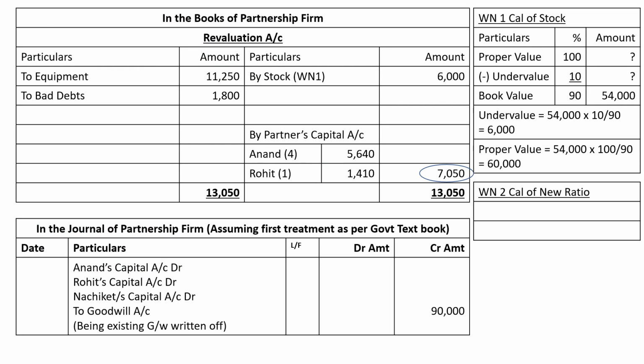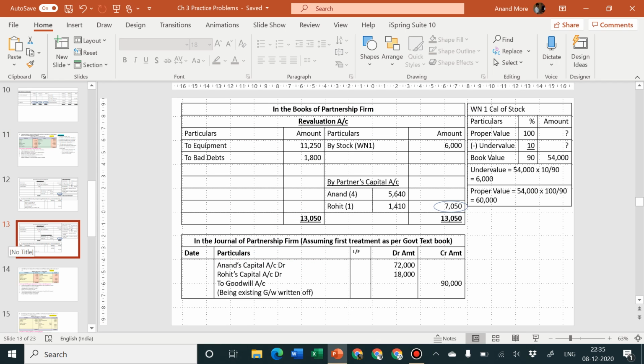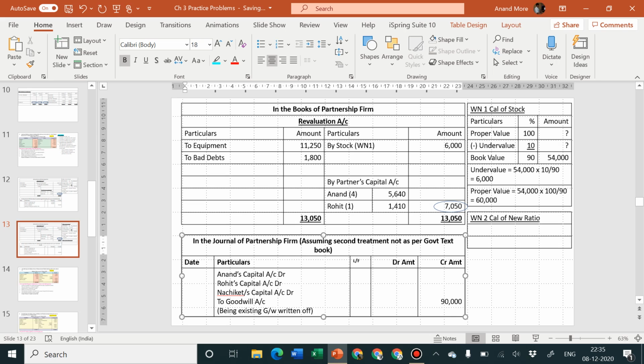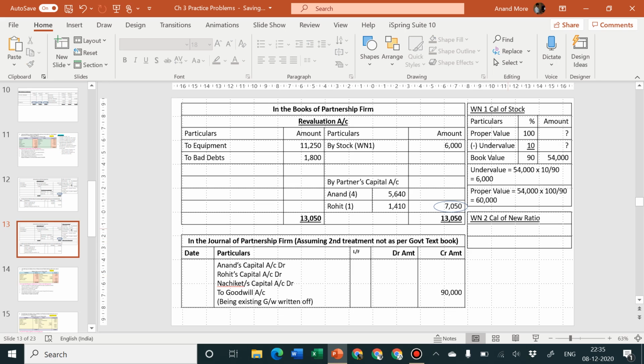So I'm considering now the second alternative, assuming the second treatment, not as per the government textbook. So it's very clear now. I don't want anybody to get confused.